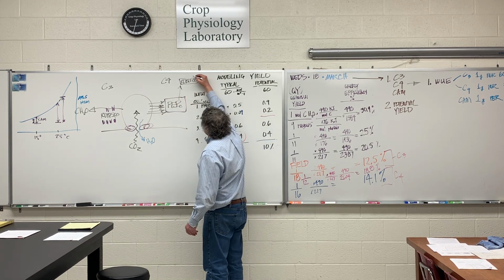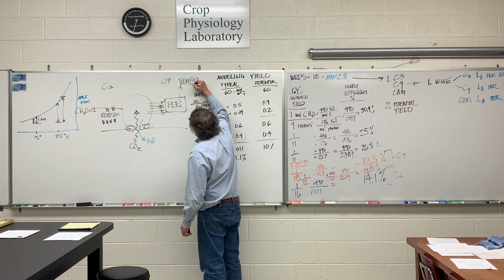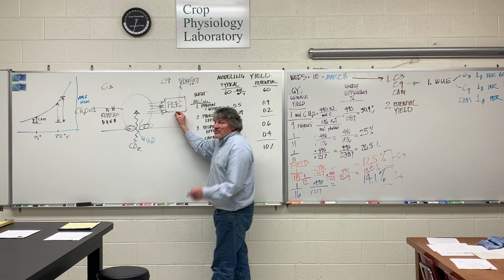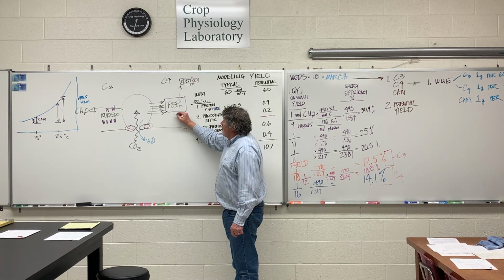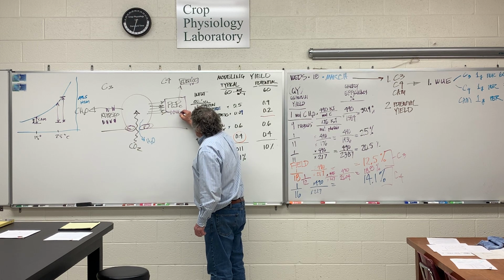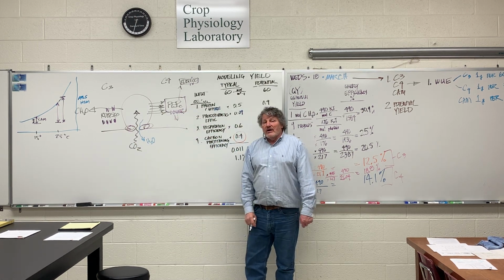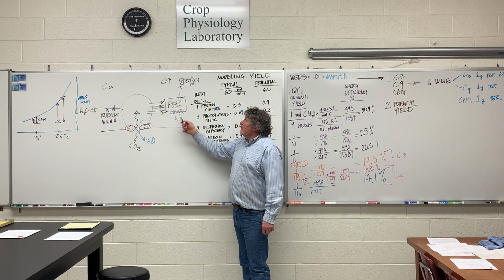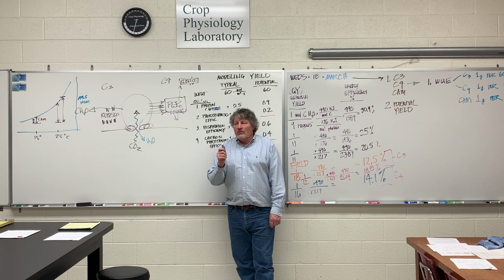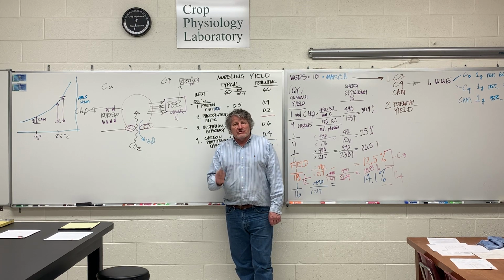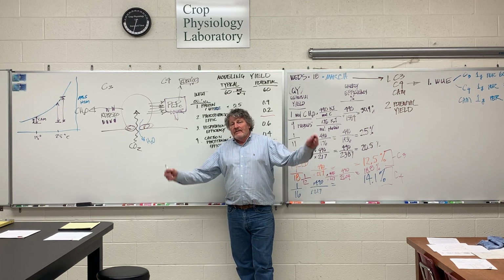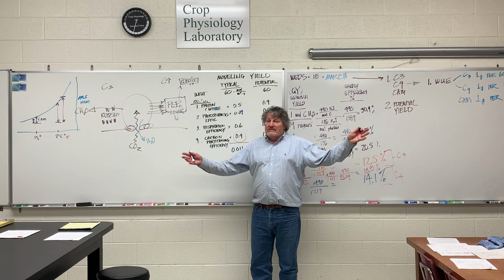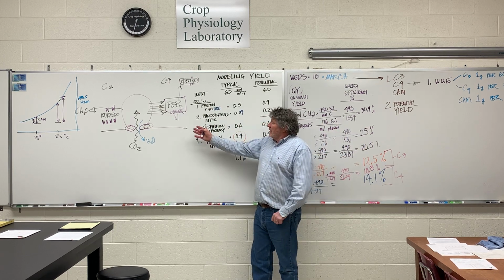So this big enzyme up here, the N goes way down, and PEP carboxylase is a lower nitrogen-containing enzyme. So it turns out C4 plants are more nitrogen use efficient than C3. So ecologically, that's a very big deal.